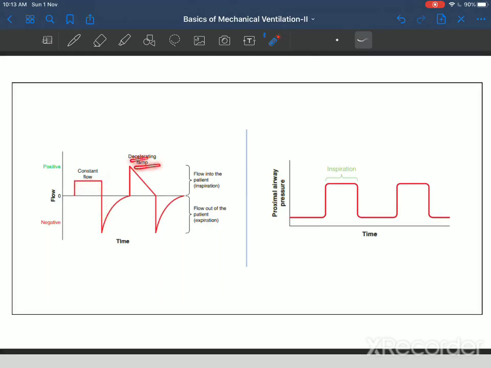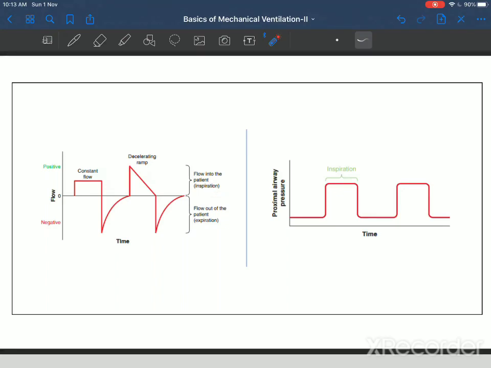In a decelerating ramp, it rises to a high value and starts decelerating immediately without this plateau. So during a constant flow, in the middle of inspiration, there is a constant flow. In a decelerating ramp, there is a decelerating flow. In decelerating flow, inspiratory flow is highest at the start of inspiration and later falls to zero flow.